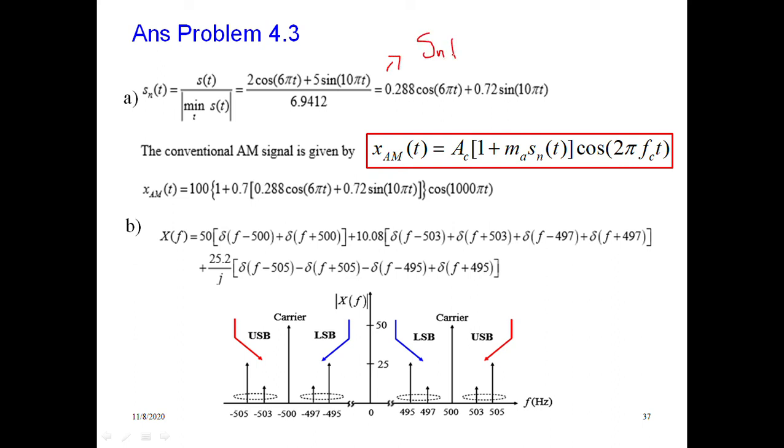That is the first thing that you have to identify for the conventional AM, because we need this value here. Now we substitute into the equation. This is Ac, 1 plus this is Ma, multiplied by s(t).